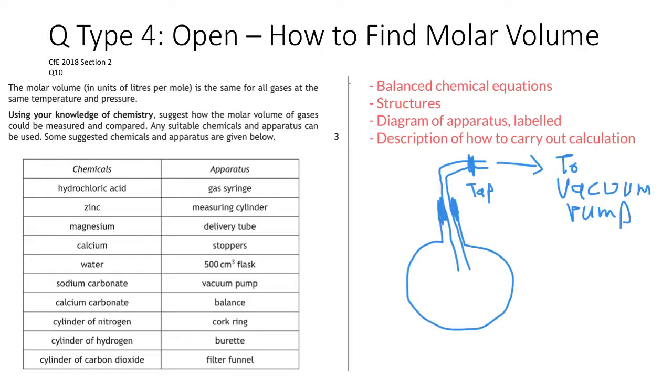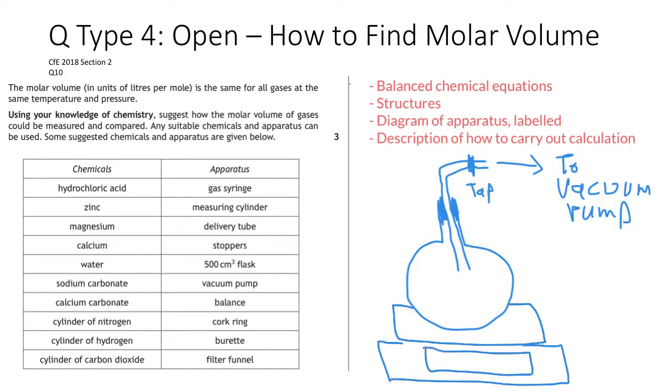And here's where the balance and cork ring would come in. You would sit the flask on the cork ring and sit all of that on the balance and get the mass for that.